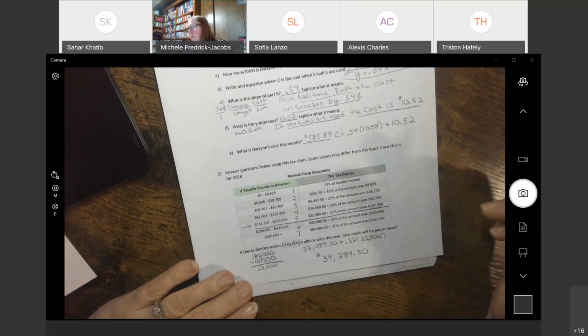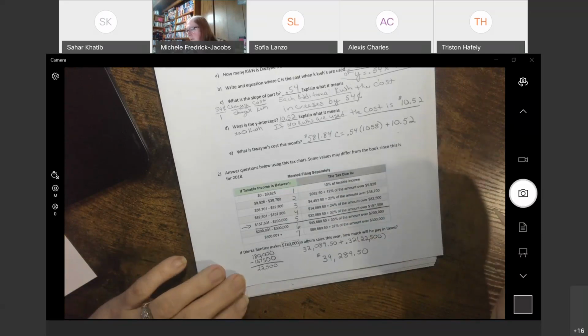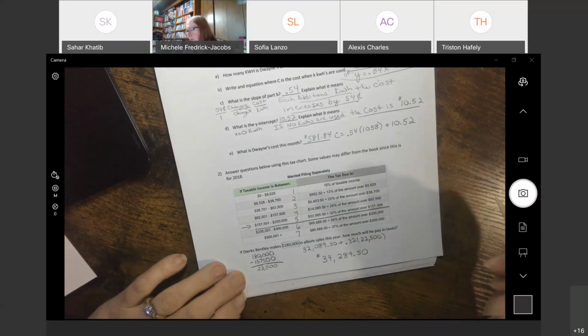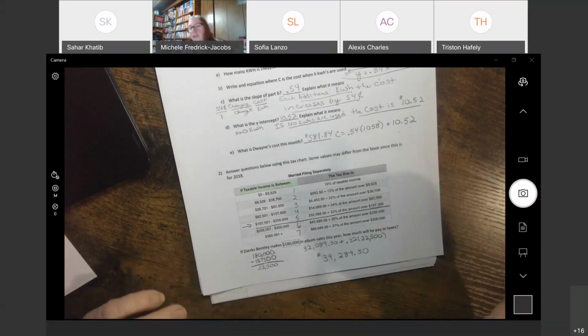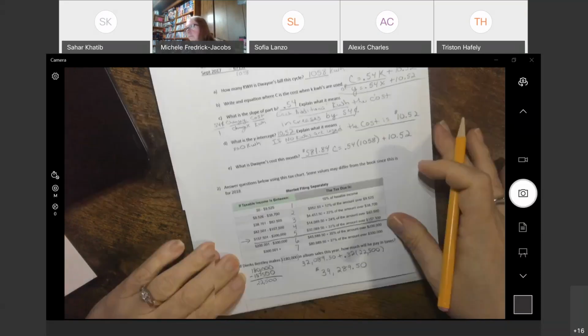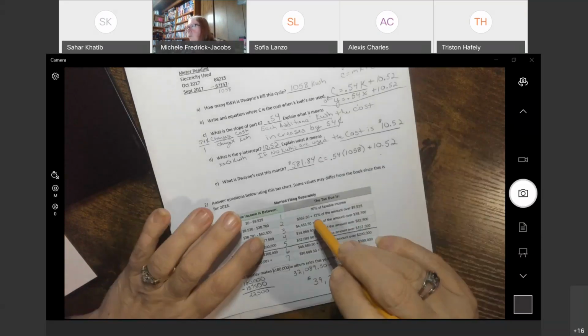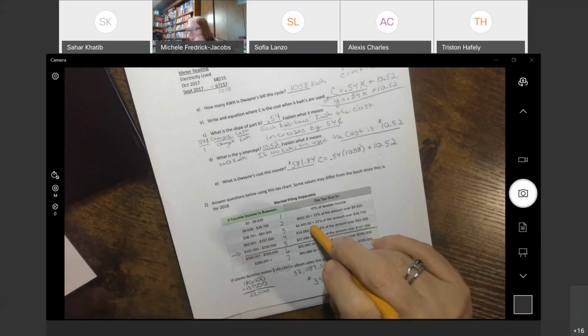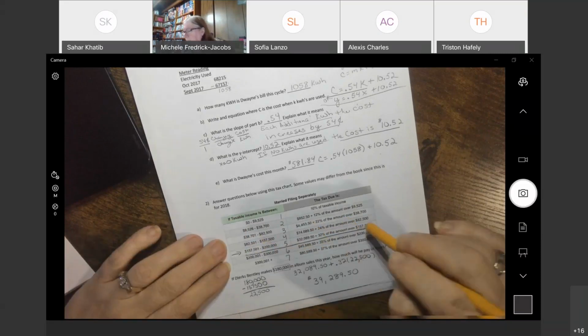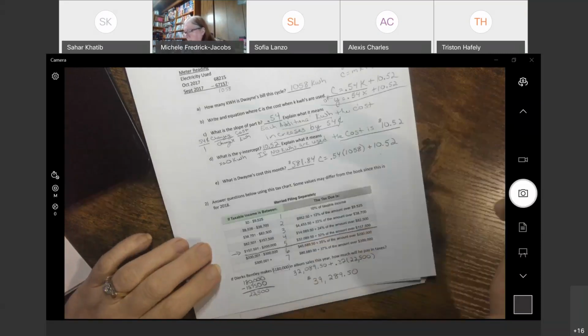You're welcome, Fiona. Any questions? I believe for the discussion board, you need to find a different tax table and then explain how you would use it.